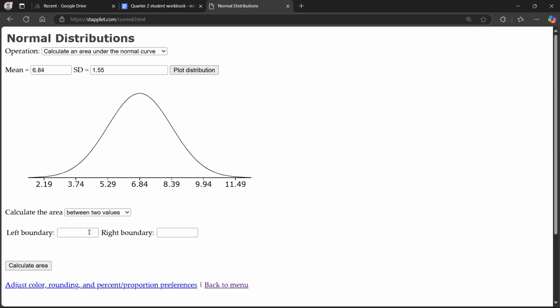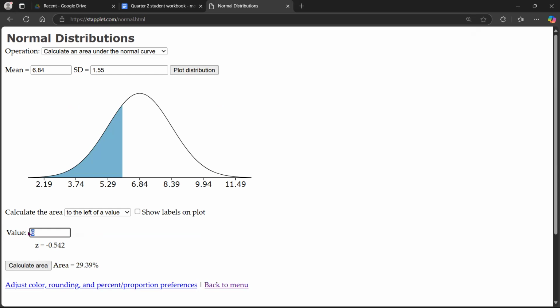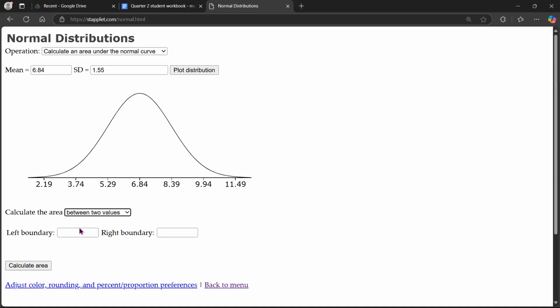So we want to calculate the boundary, and we'll say to the left of 6. And you may have estimated, hopefully somewhere close to that, 29.39%. And then to the right of 9, that's going to be about 8.17%. Between two values, so between 6 and 9, you get 62.43%.